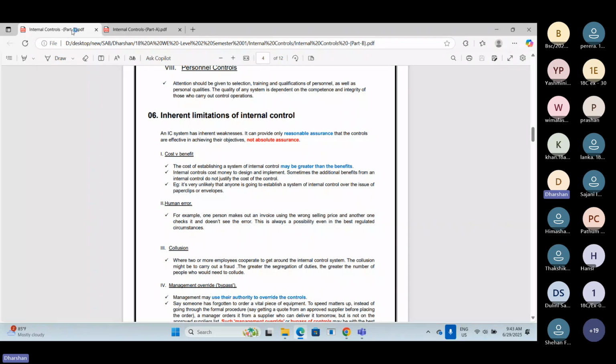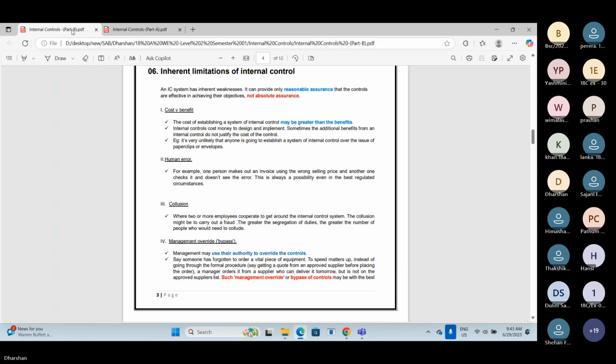Then how can we give 100% assurance? We can't. So we can give reasonable assurance. This is one reason, cost versus benefit, why we cannot give absolute assurance.